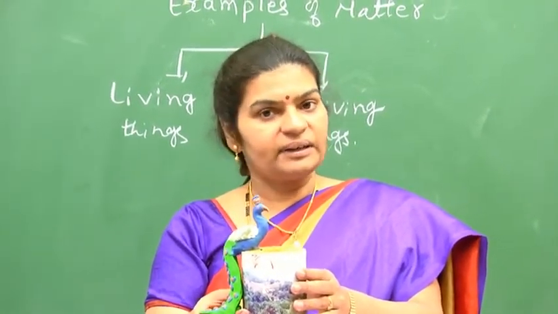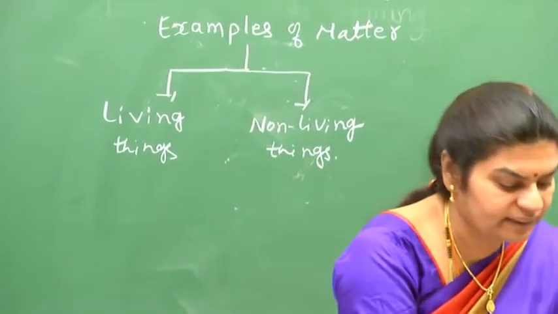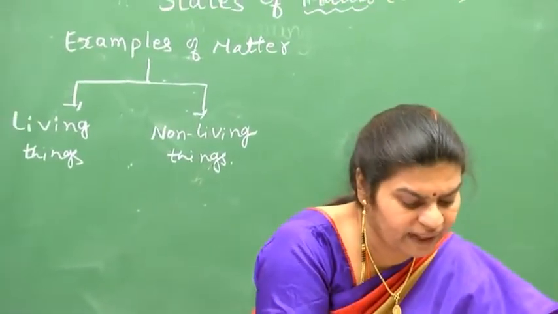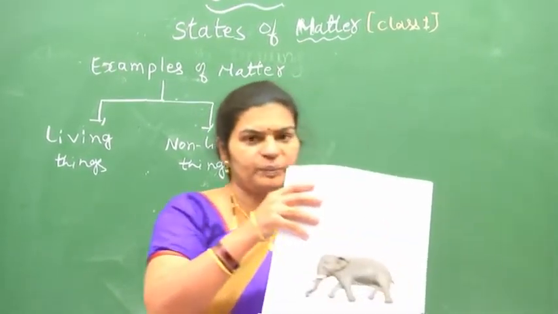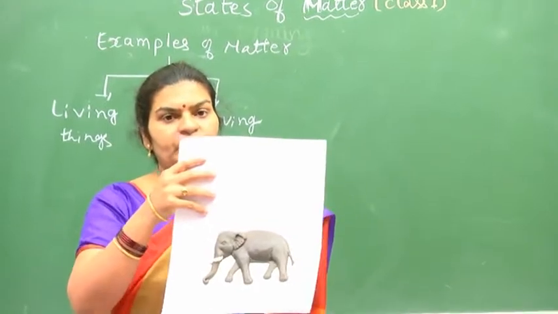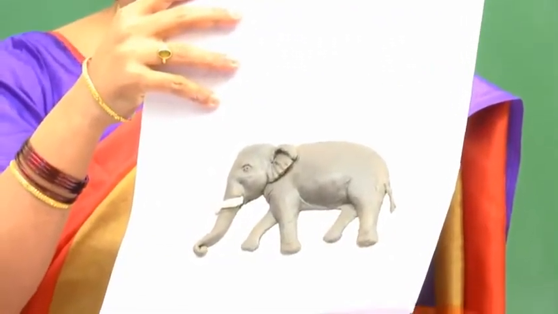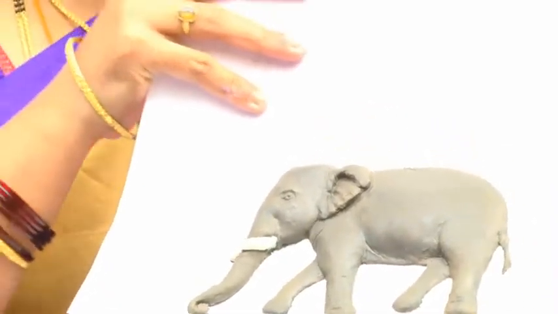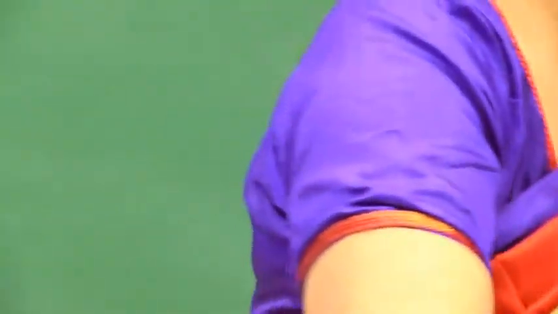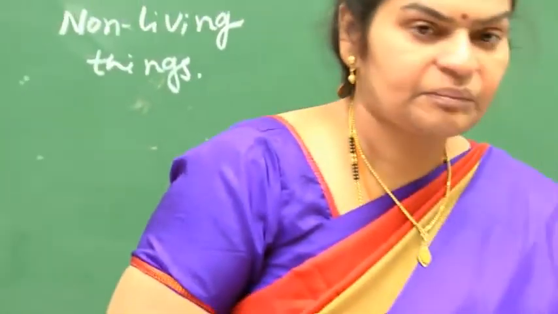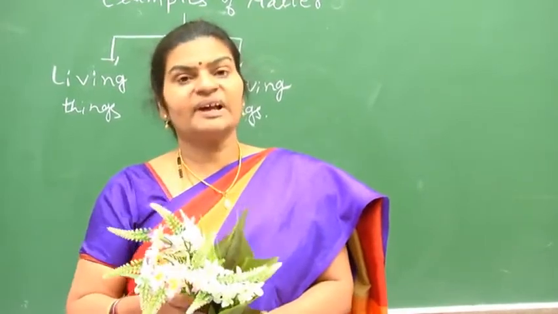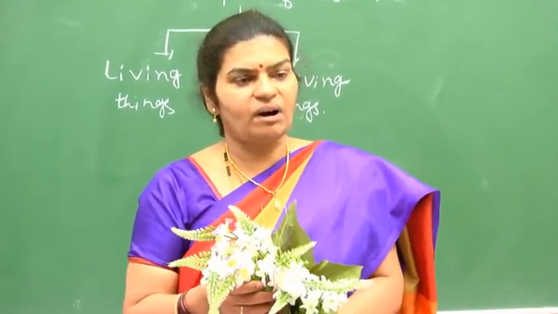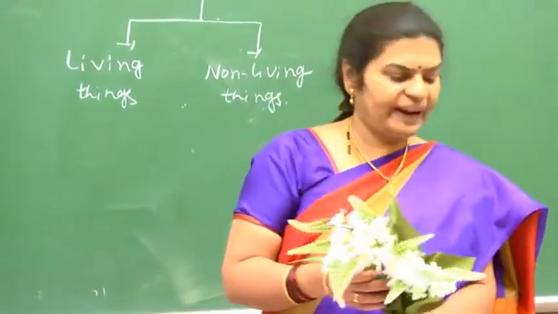The second example I am going to show you is a picture of an elephant. The elephant is the state animal of Karnataka. And here I have some plastic flowers, which I am going to use as an example of living things, that is, plants.